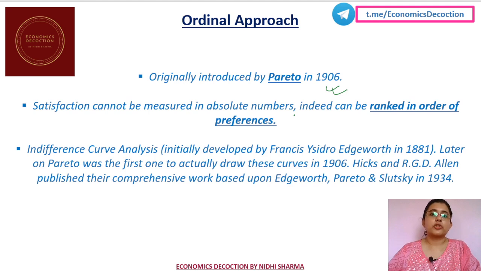But the ordinal approach argued that no, satisfaction cannot be measured in absolute numbers. Rather, satisfactions can be ranked in order of preferences. I can definitely say that by eating one chocolate, I got some level of satisfaction, but by eating the second chocolate, I got a little more satisfaction. So I can rank my level of satisfaction according to my preferences. This is the idea of the ordinal approach.